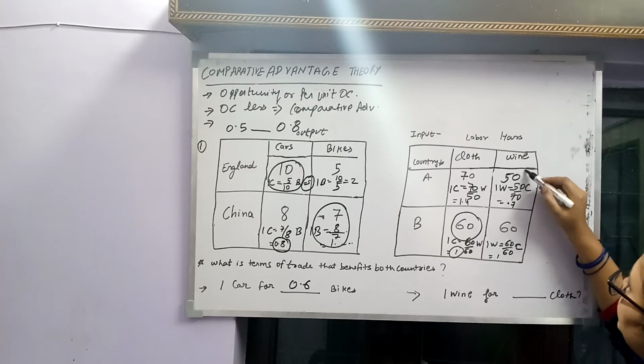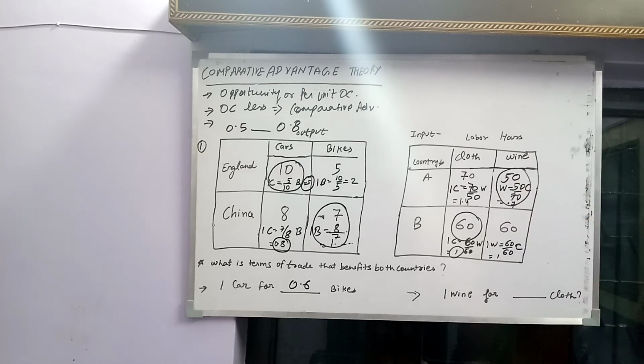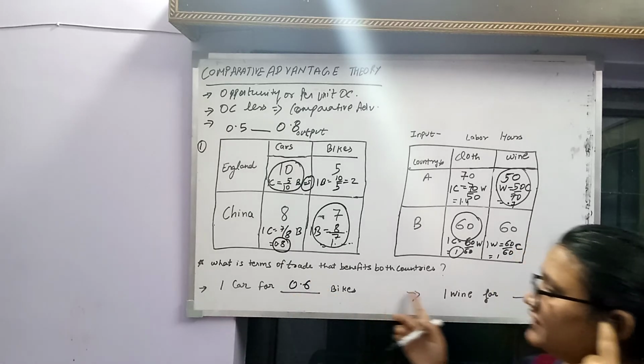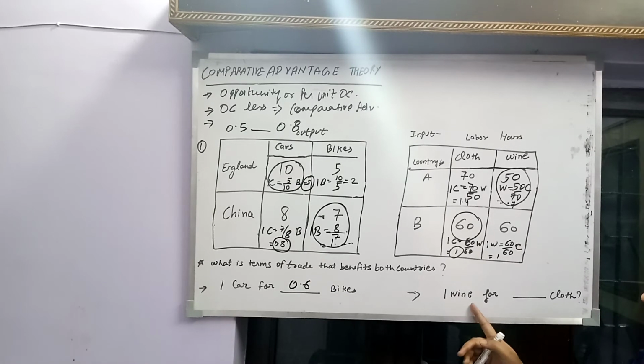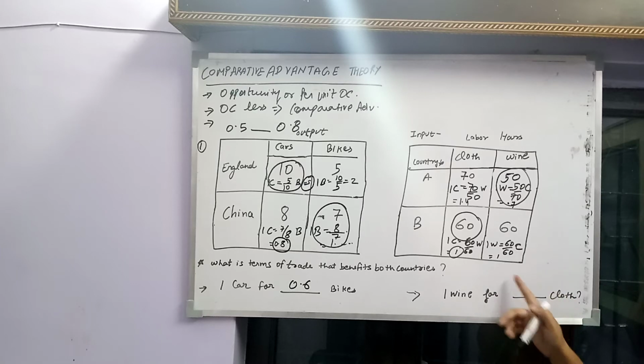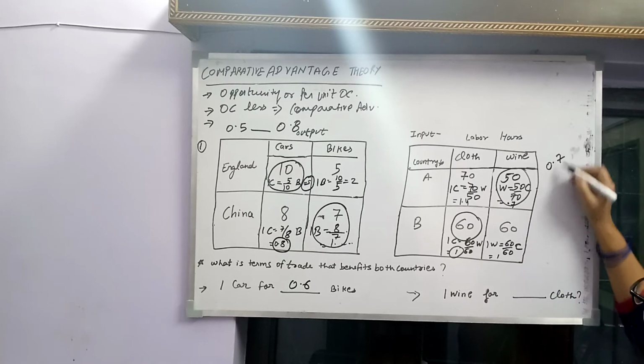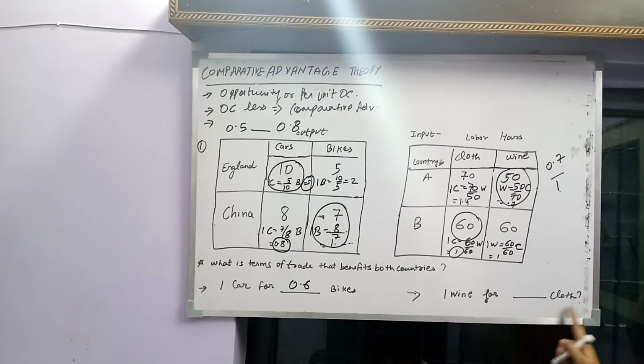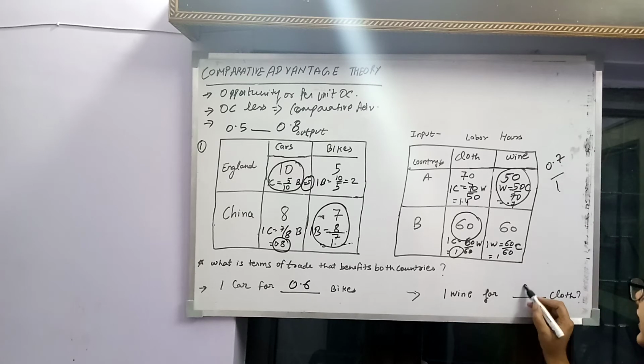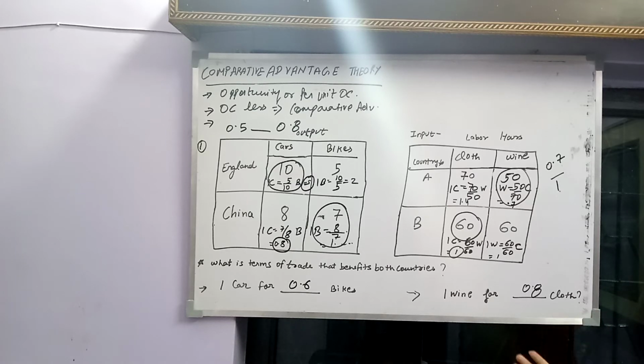That means country A has comparative advantage in wine. Now again we will see the terms of trade that benefits both countries. To produce one wine, we have to look at the opportunity costs, which are 0.7 and 1. So a number between 0.7 and 1 is the terms of trade. We can take 0.8.